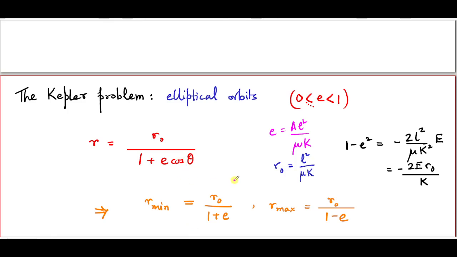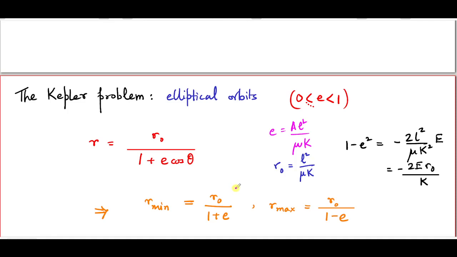Now that's not a surprise because we had decided when we wrote down this equation to essentially choose the line joining the center of the force to the pericentron, the closest approach position, to be the line from which the angle theta is going to be measured. So theta equal to 0, of course, should be pointing right towards the pericentron.